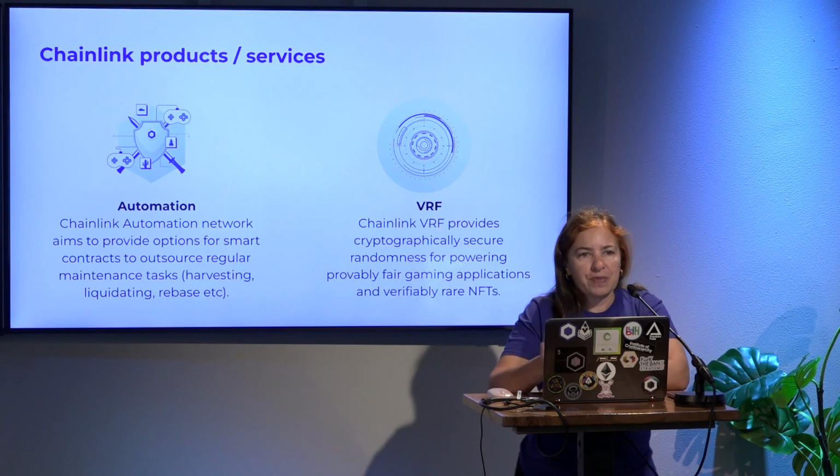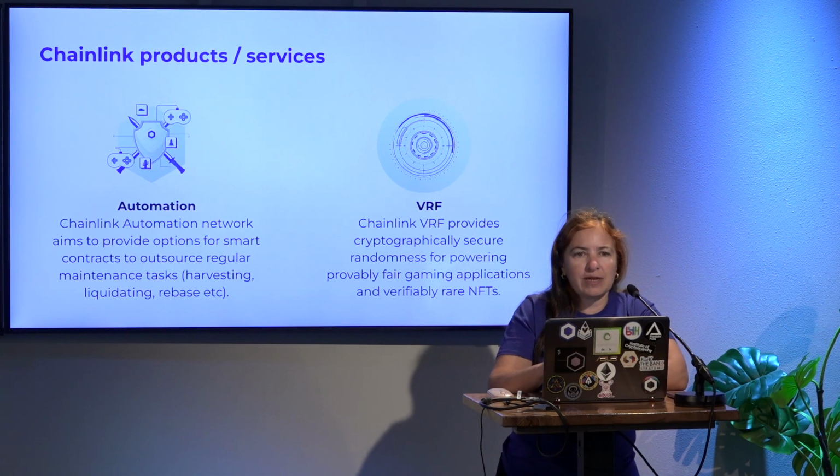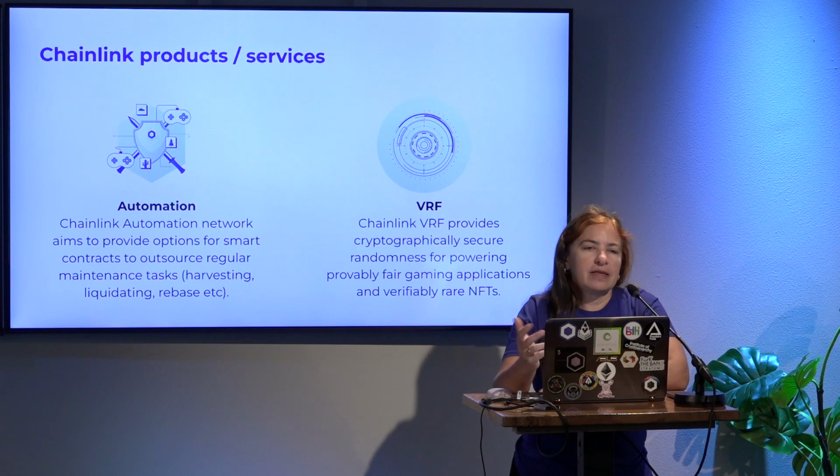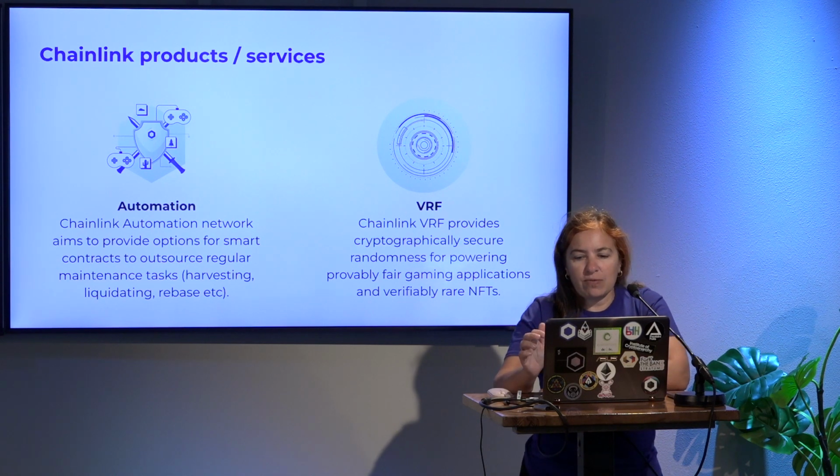This is the automation. It's a service with a network of nodes that are checking the conditions inside your smart contracts, your business rules, and then provide ways to call some function that you'd like, and automate the smart contracts.